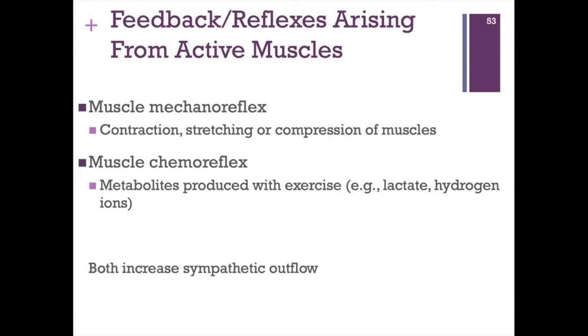So we talked about with the baroreflex, what's happening within the brain, right? But these ones are actually coming from the active muscles themselves. So literally contraction, stretching, and compression of the muscles will lead to the same effects of what we saw with the increase of our sympathetic activity that we saw with the baroreflex, right?